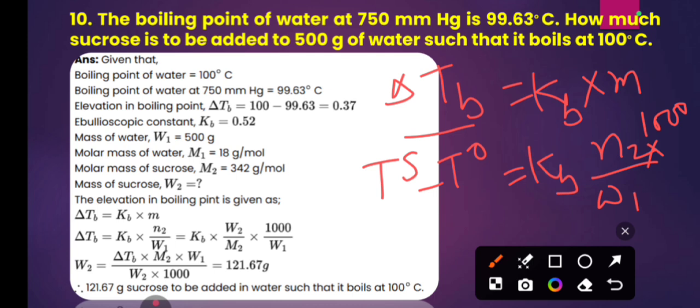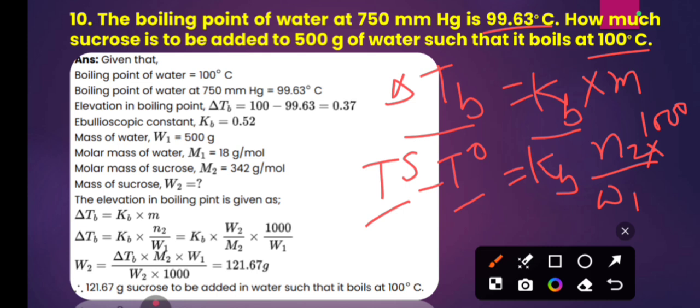Every value is given to you. So what is the value of TS? It is the boiling point of solution, that is given to you, 100 degrees Celsius. T naught is for pure water, that is given to you, 99.63. And the KB value for water is actually given in the exam numerical.